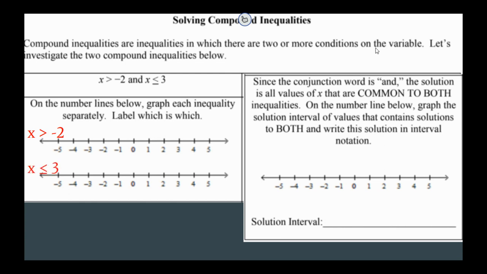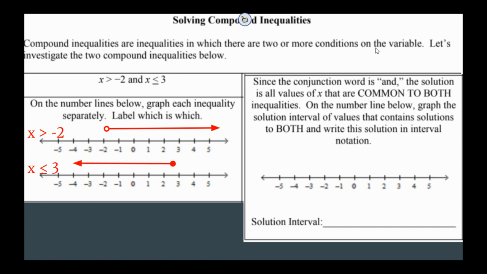It's going to be a closed circle at 3 and pointing to the left. So this part is underneath on yours.